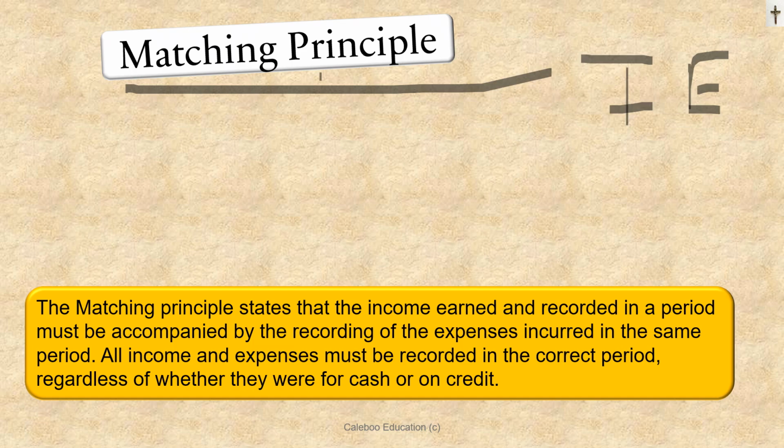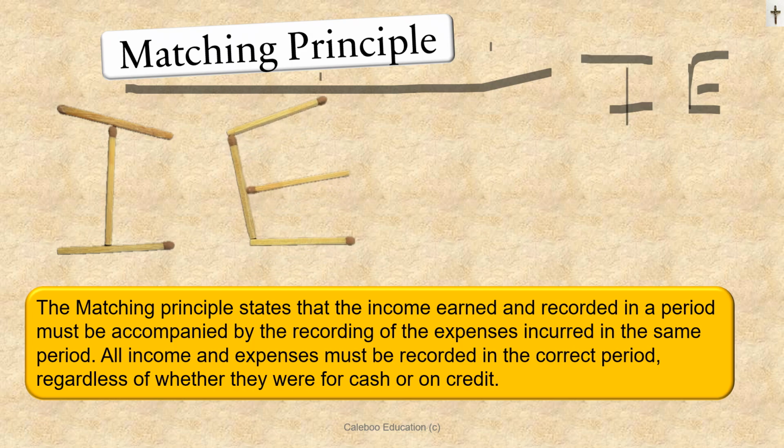That's a prepaid expense. So the matching principle states that income and expenses must be matched in the correct period. So once again, if you've earned income, it needs to be recorded in the current year, and if you've incurred an expense, it needs to be recorded in the current year.